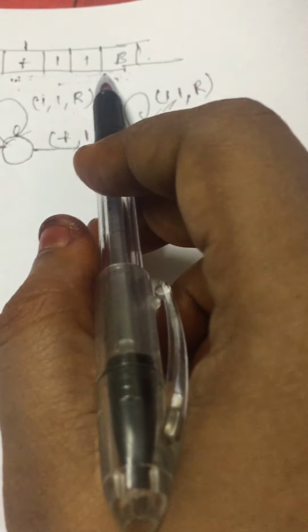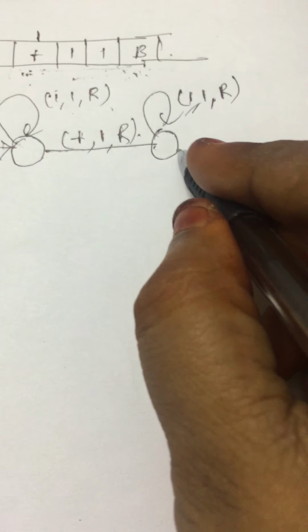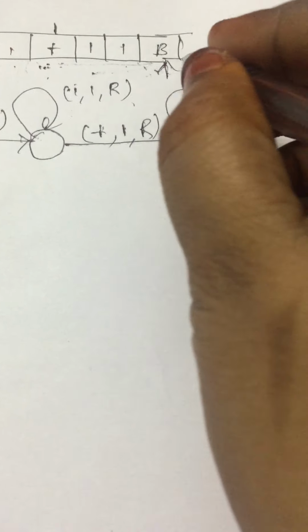Move to the right direction. Now while moving to the right direction, we get a number of ones here. So those ones will remain as 1 only. Move to the right direction. While moving to the right, now we are going to obtain the blank symbol. That blank symbol will remain as blank symbol only.